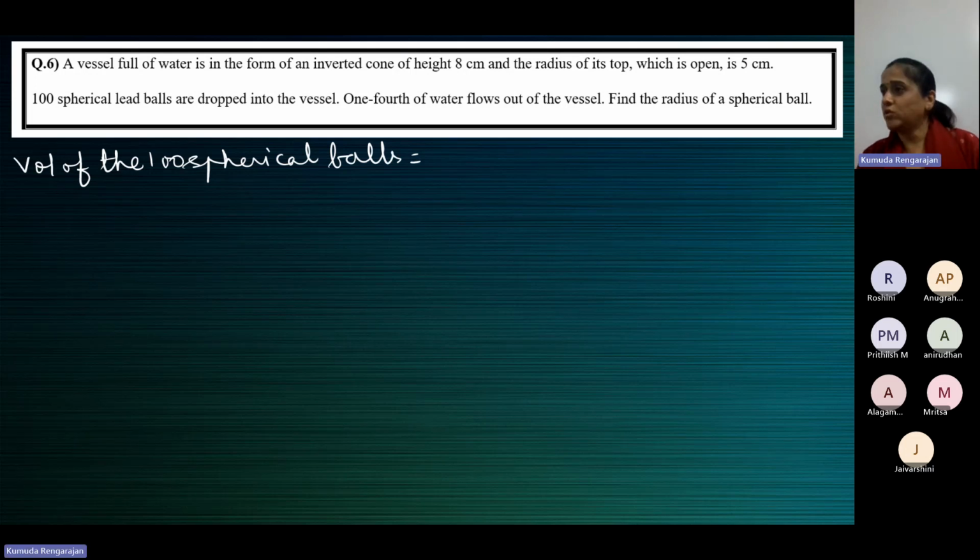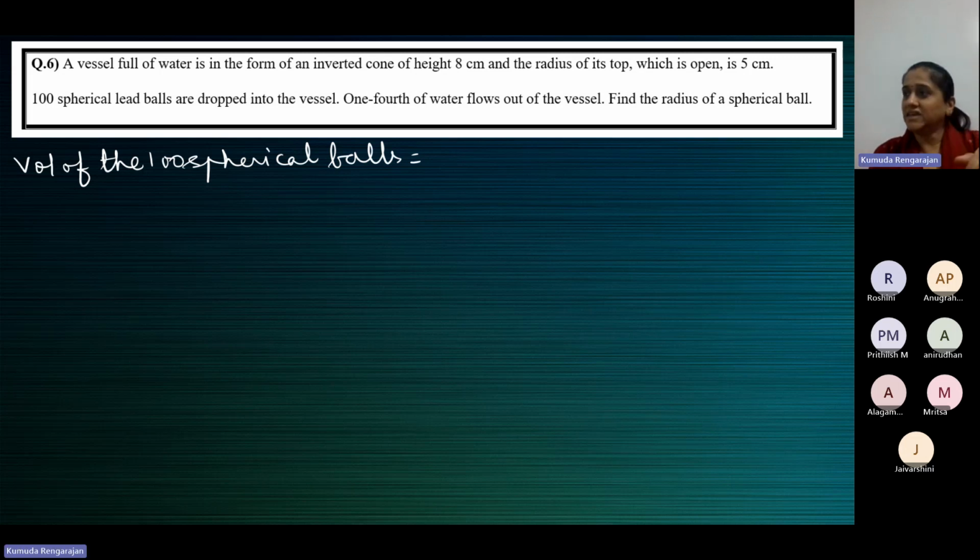What volume of water will flow out? See, something is taking space inside the container, and equivalent to that, something flows out. What are you dropping inside the container? The 100 spherical balls. So the volume equivalent to that will flow out.